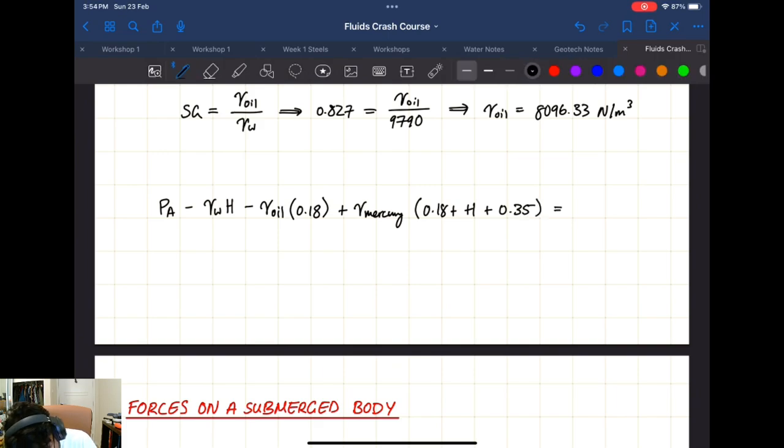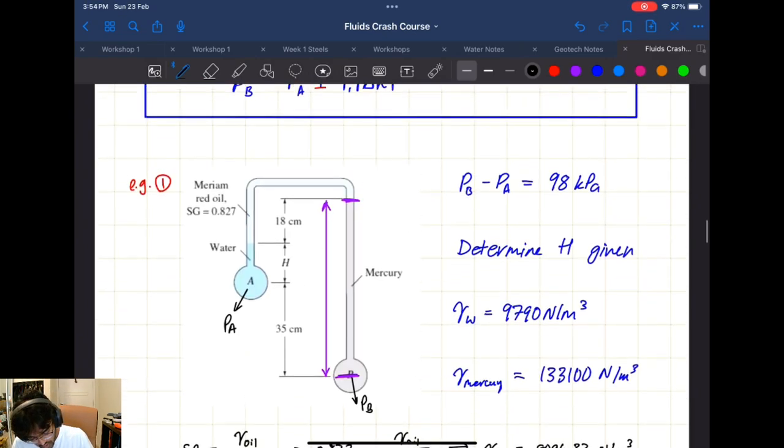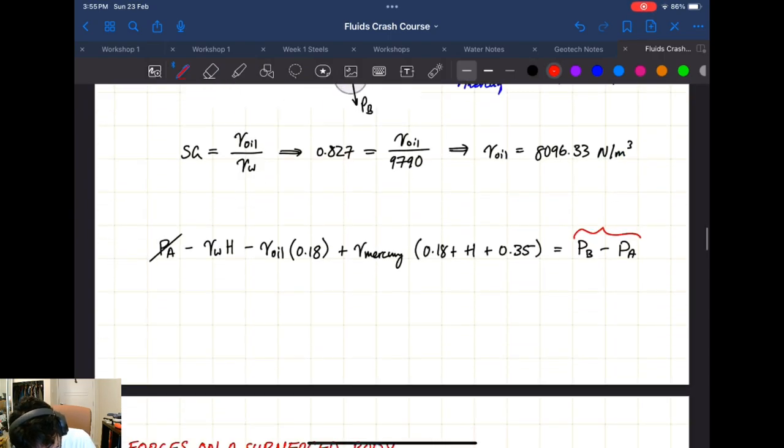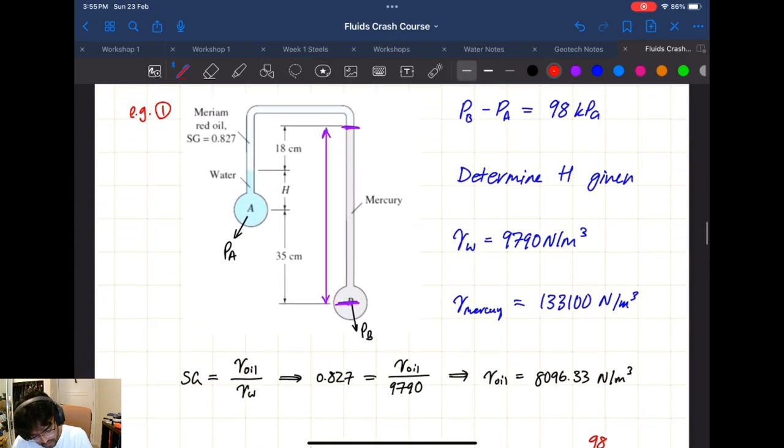And because we've reached point B, we can finally say that this is equal to the pressure at point B. So we know what PB minus PA is, so I'm going to take this to this side. PB minus PA is equal to 98 kPa.